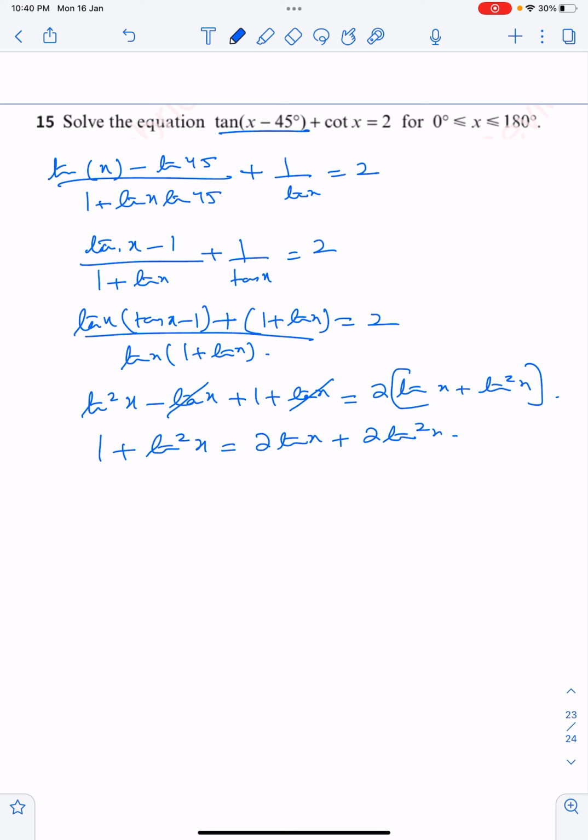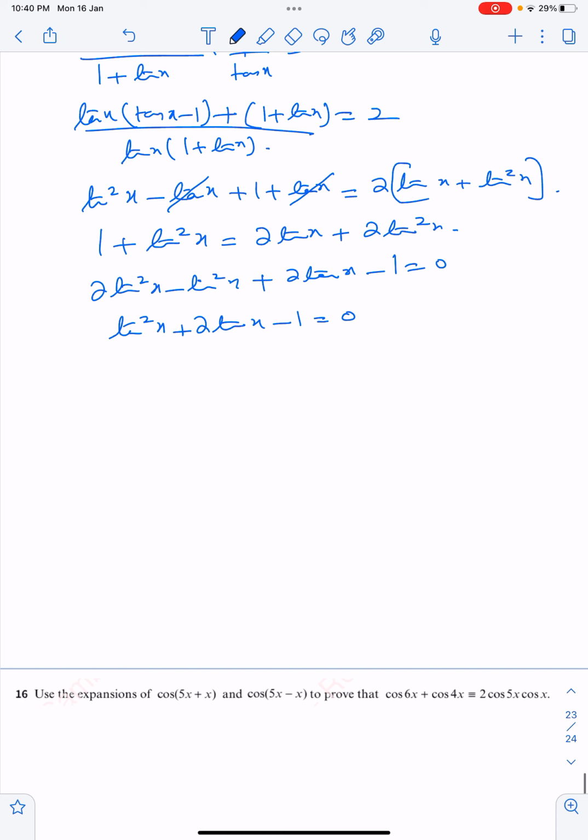Take all the terms on one side. So, 2 tan square x minus tan square x plus 2 tan x minus 1 equals 0. So, this will become tan square x plus 2 tan x minus 1 equals 0. If I take tan of x as y, y square plus 2y minus 1 equals 0.